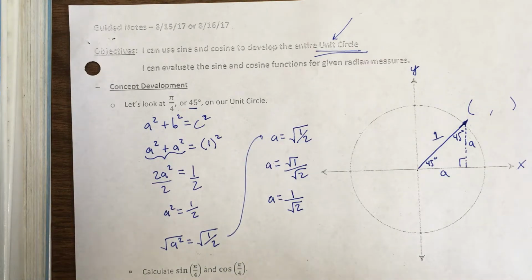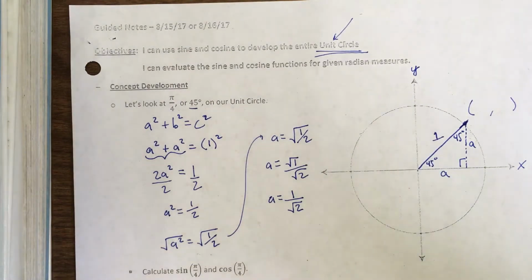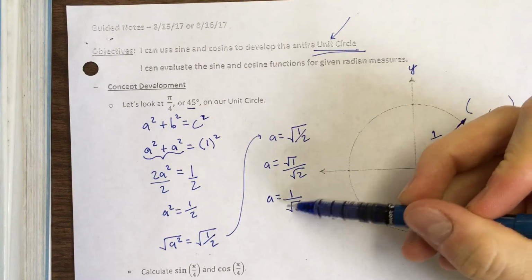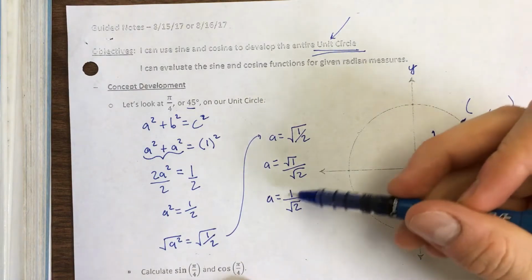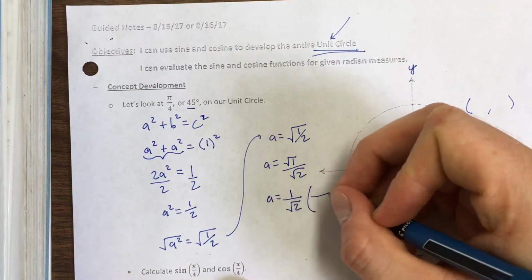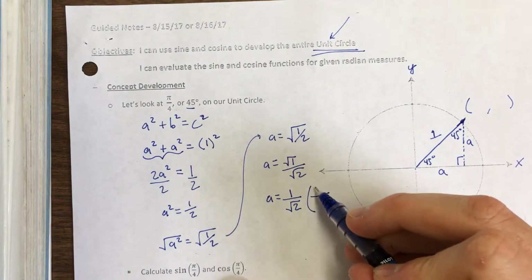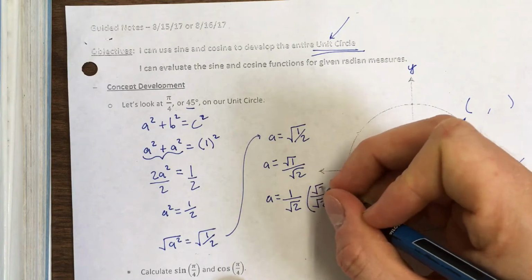A long time ago, for whatever reason, mathematicians convened and said, we don't like radicals, we don't like square roots in the bottom of a fraction, in the denominator. So what we're going to do here is what we call rationalize the denominator. In order to rationalize, we multiply the top and the bottom by that square root.